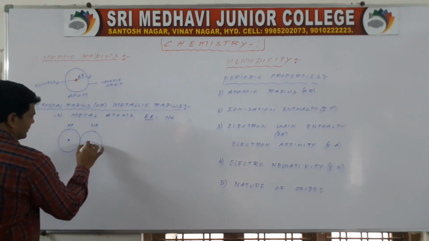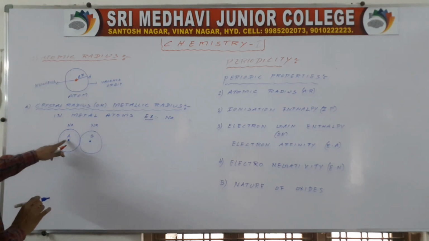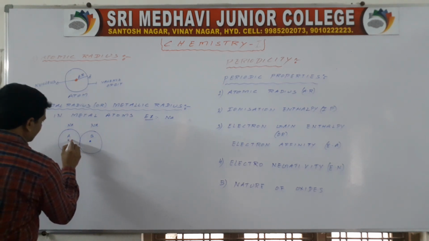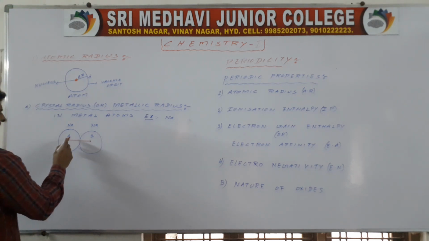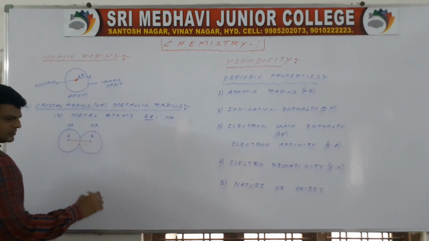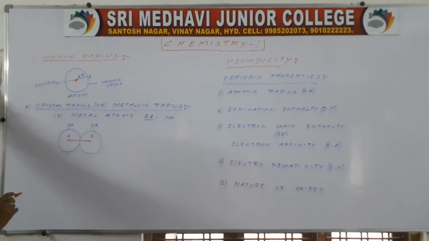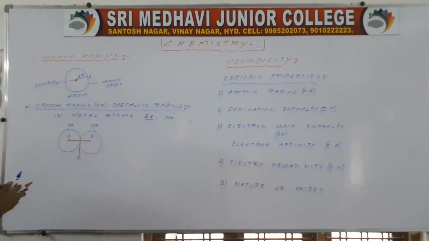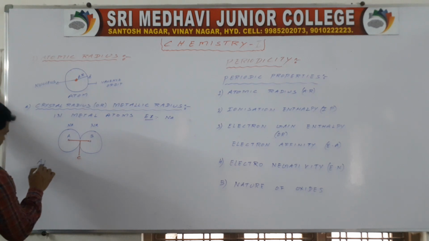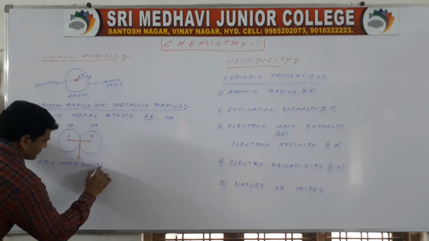This is the nucleus, called A, and this is the nucleus, called B. AB is the internuclear distance of the two sodium atoms, and the midpoint is C. So AB equals the internuclear distance.